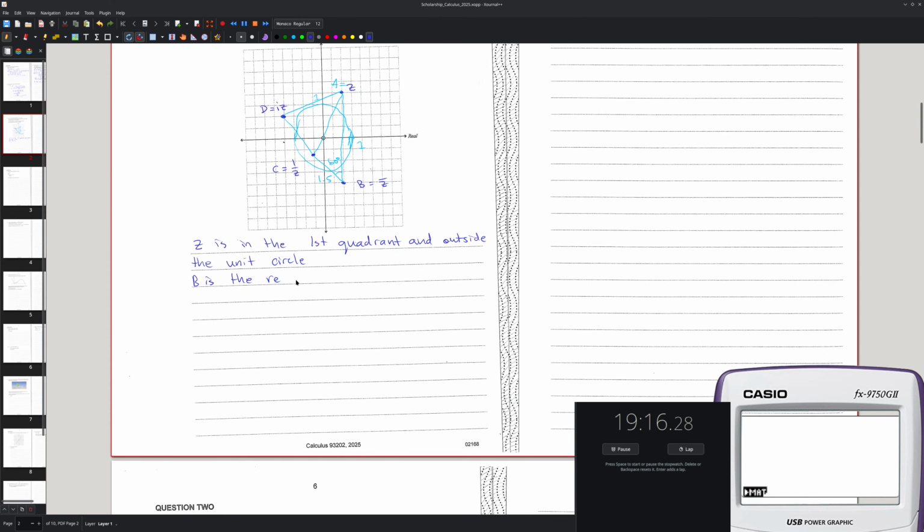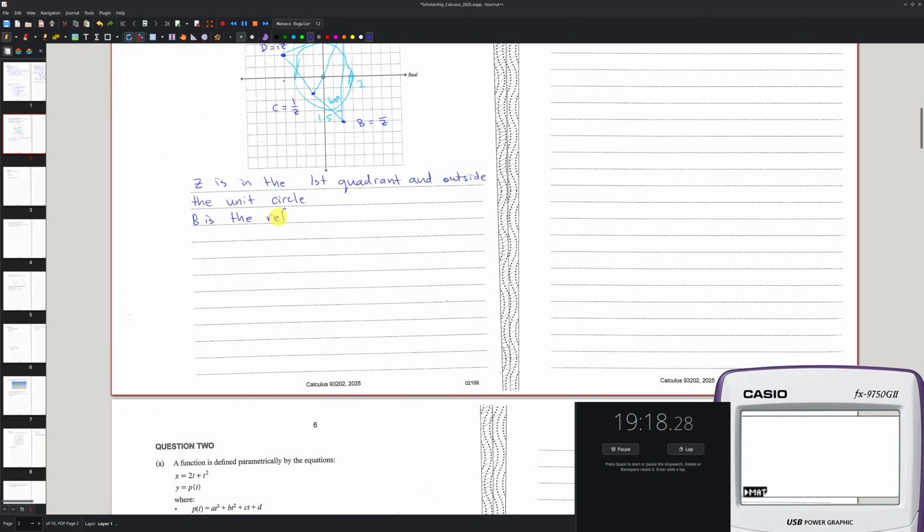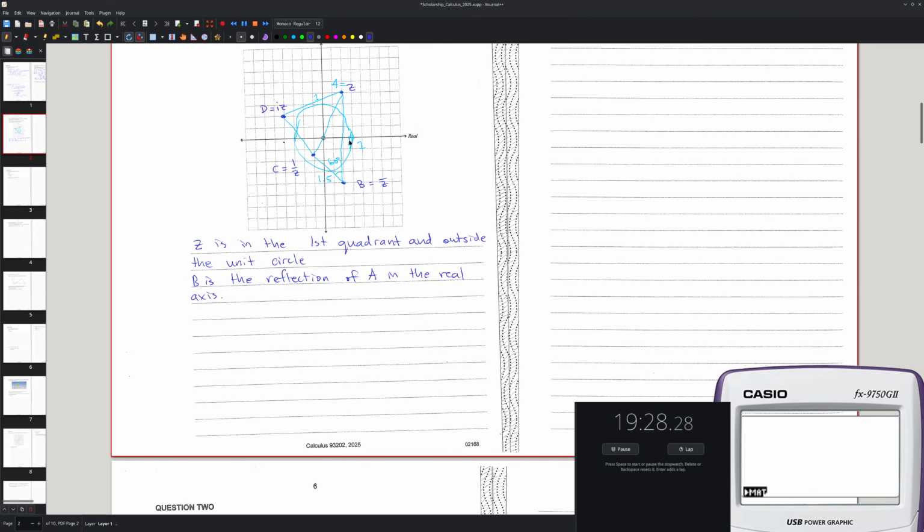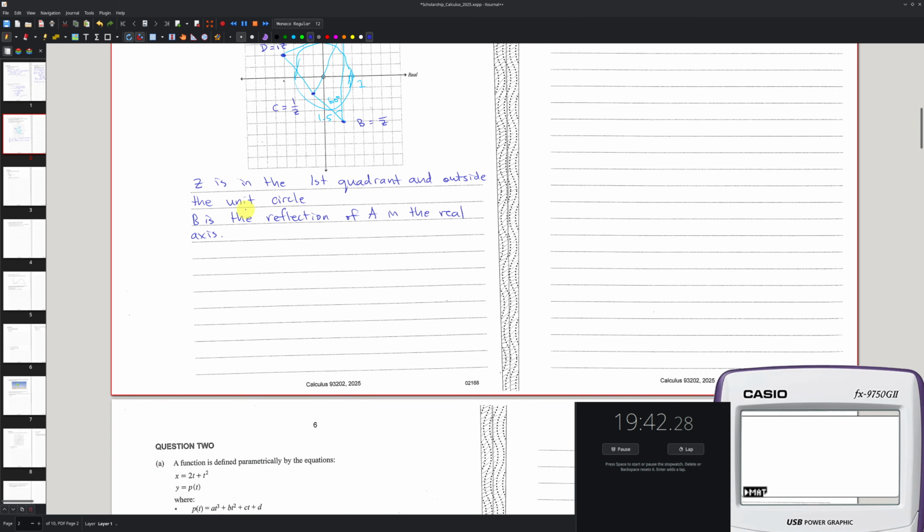So B is the reflection of A in the real axis. And then C. I can't really represent C, but what do we know?